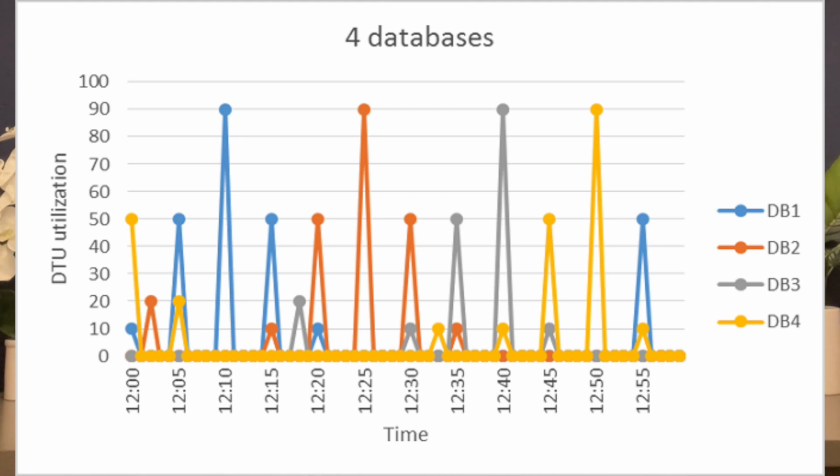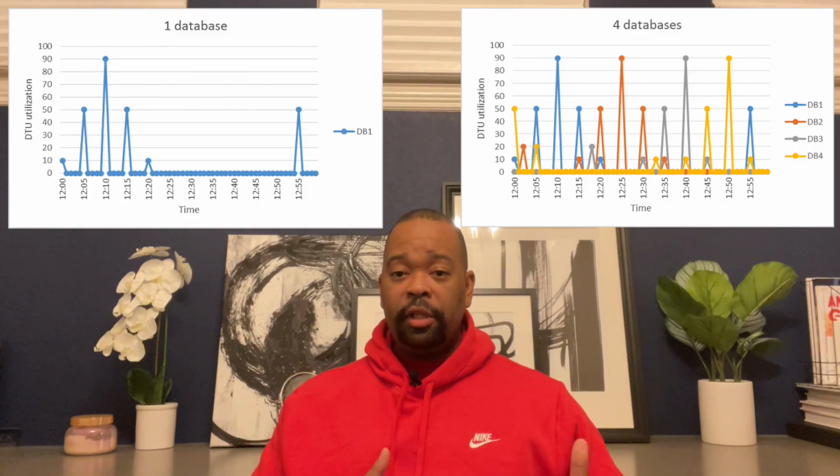So what this chart can tell us is that we are utilizing more than half of the resources that we have allocated at all times, but we never get to that point where our workloads need more compute power than what we have provisioned. So this looks much better than the previous chart that we looked at where we had 100 DTUs allocated to one database only. Using an Elastic Pool and allowing our resources to be shared with multiple databases provides us with better cost efficiencies.